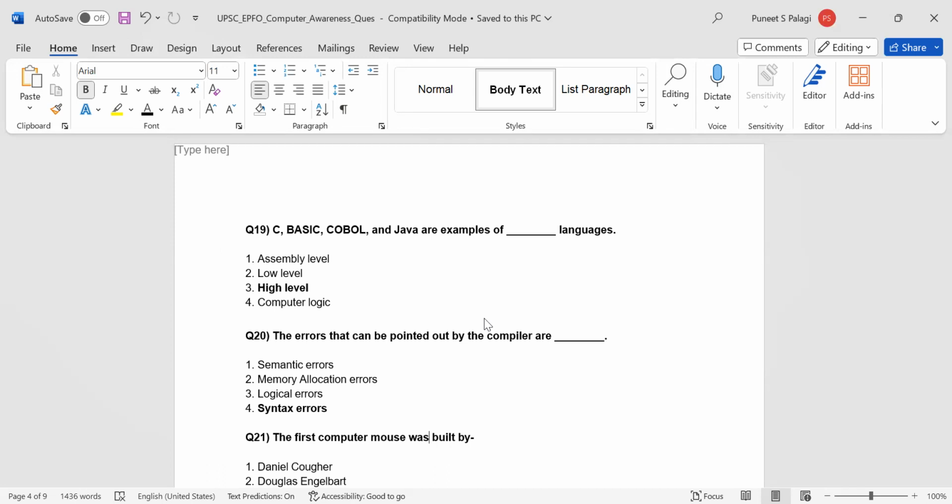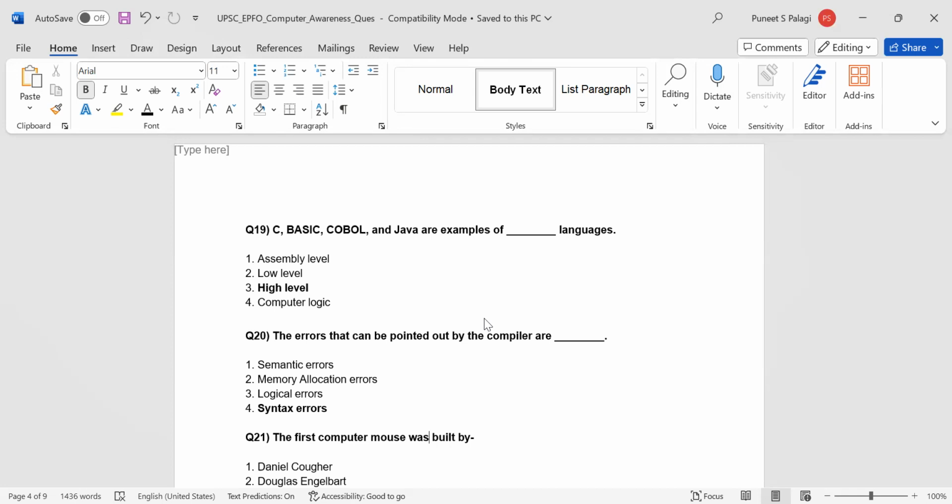Okay, then keywords, right? So if you make any mistake in the structure of the program, that is known as syntax error. Okay, the compiler can identify that. So without writing a proper program, you cannot get the output.